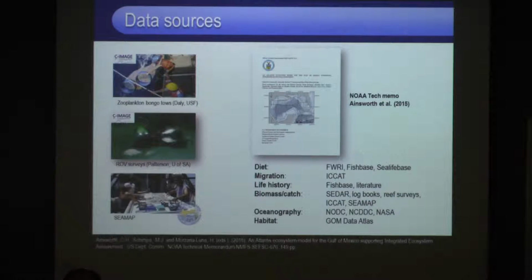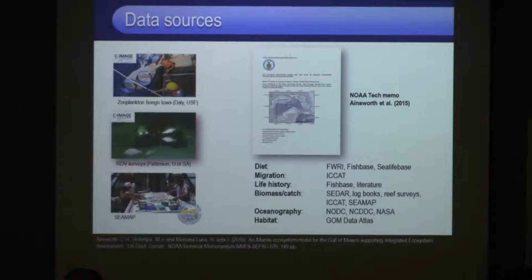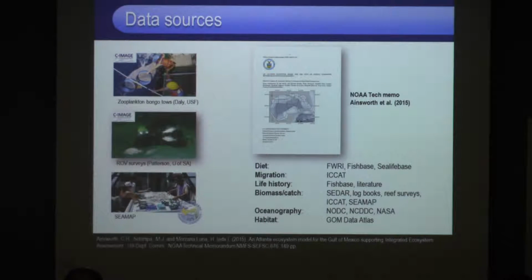We just completed a NOAA technical memorandum earlier this year in cooperation with the Southeast Center. It summarized the data that went into the model, as well as some exploratory simulations and diagnostic tests.